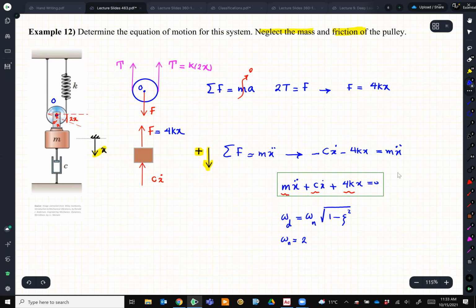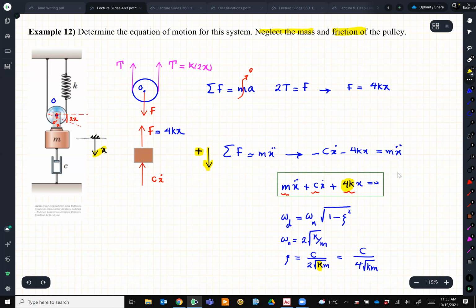It is square root of k, stiffness, over m, and zeta, we know it is simply c over 2 square root of km. Which gives me c over 2 square root of 4km, because remember, the stiffness is 4k.